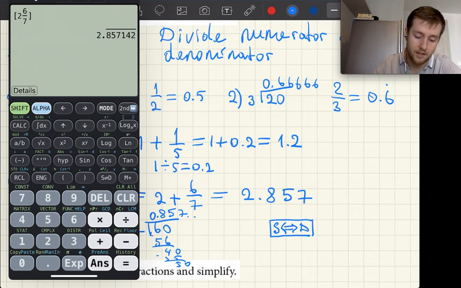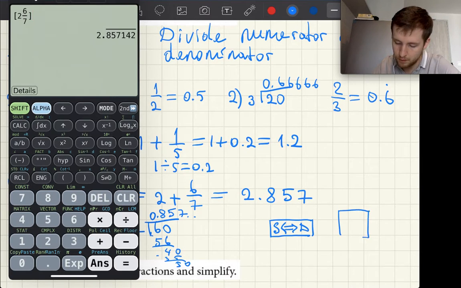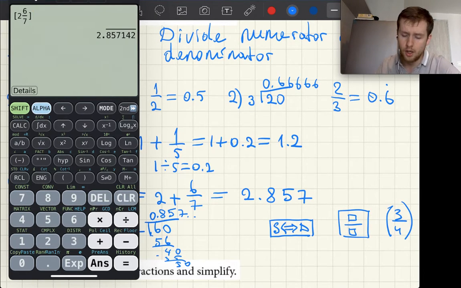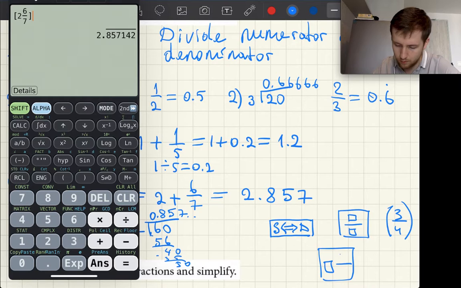By the way, to write this kind of fraction, there's a button. So a normal fraction can be written by using this button. So if you have a fraction like 3 over 4, you can use a button like this. But if you have a fraction like 2 and 6 over 7, there's also a button which looks like this.